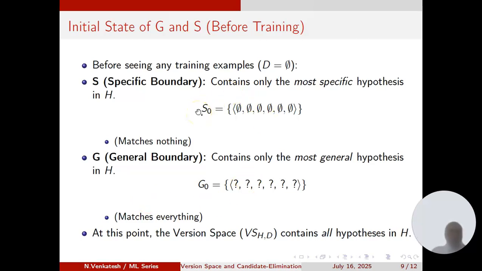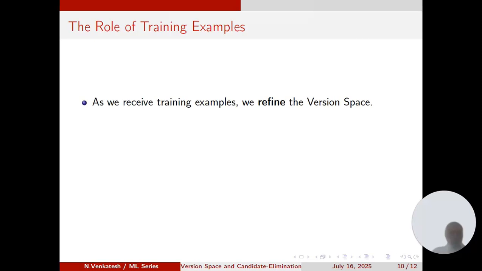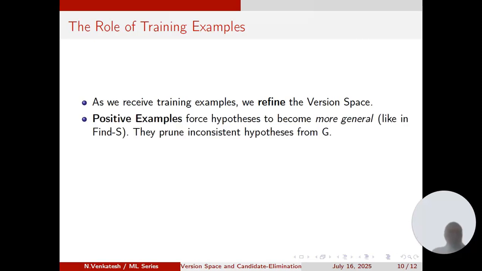Now with every positive and negative example, we have to update S and G. With the positive examples, we have to make the specific boundary more general. We have to update the specific boundary.